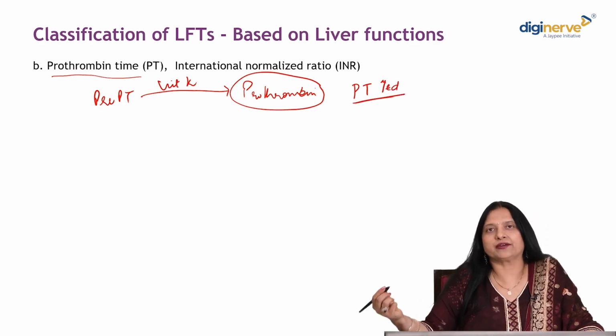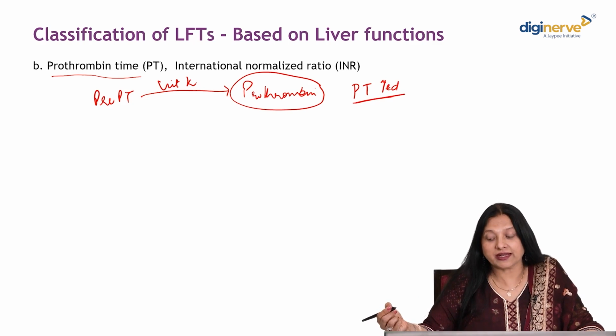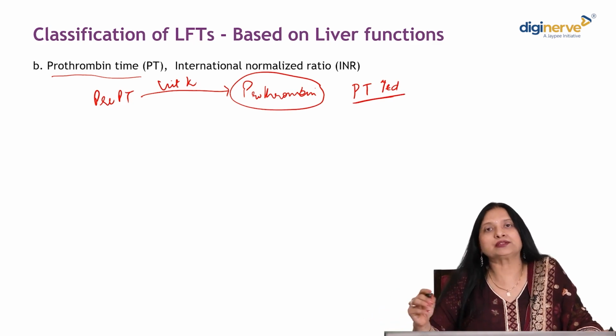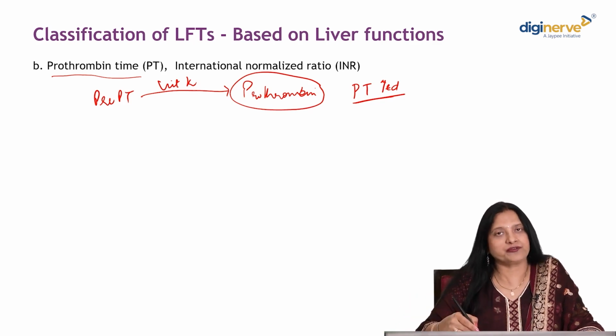However, here we also need to understand that, on one hand, prothrombin time is going to be increased in liver diseases because of the inability of the hepatocytes to synthesize it.